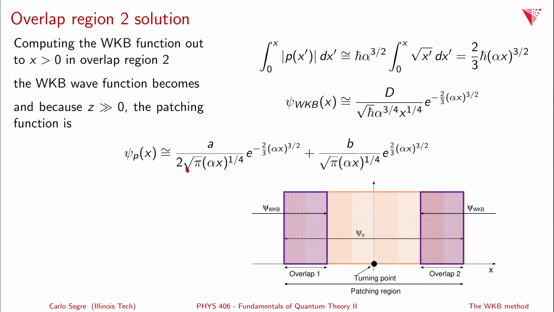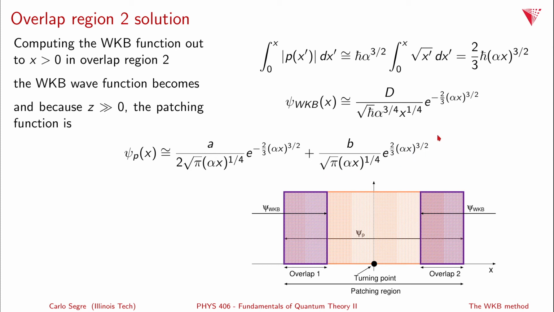So there's one slight difference. This has a factor of 2 times the square root of pi, alpha x to the 1/4, divided into a, times e to the minus 2/3 alpha x to the 3/2, plus b over the square root of pi alpha x to the 1/4, e to the 2/3 alpha x to the 3/2.